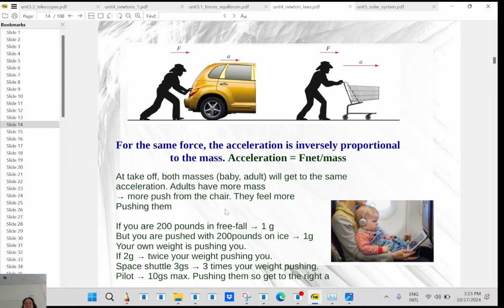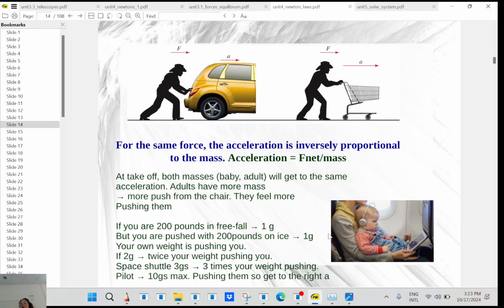So for example, you are in an airplane, and of course, at takeoff, the airplane is going to accelerate. The airplane is not leaving you behind, so your body is also going to accelerate. For your body to accelerate, you need a force.